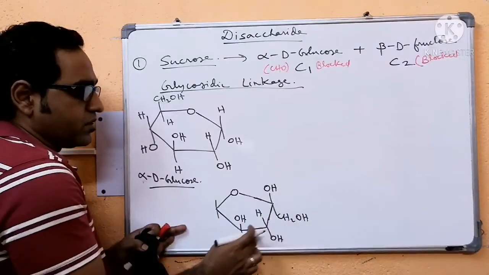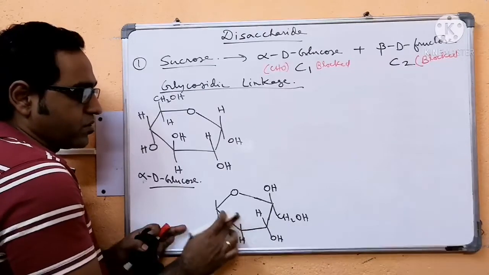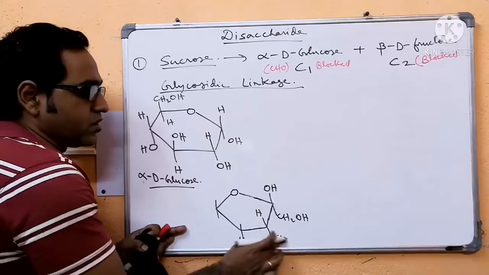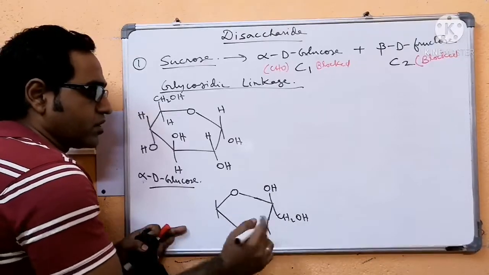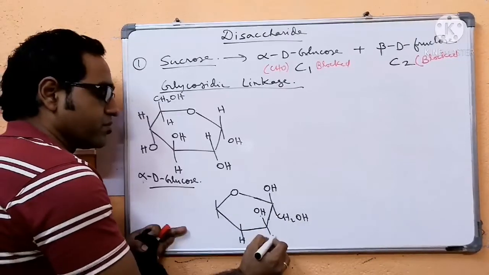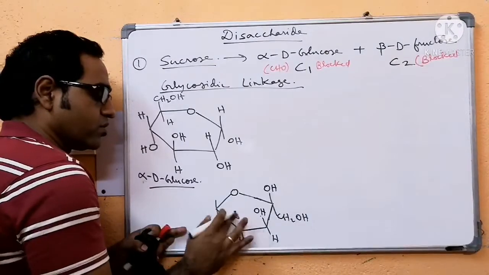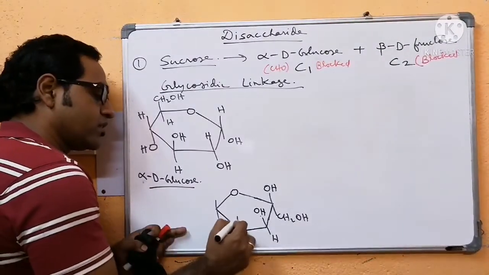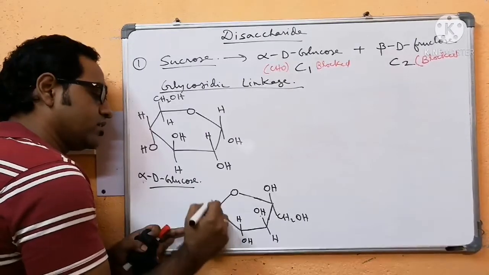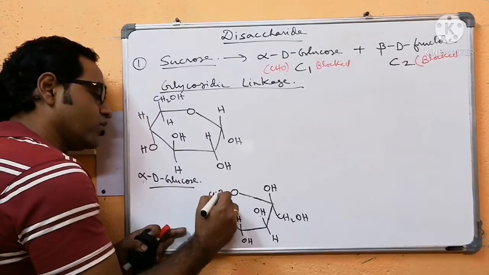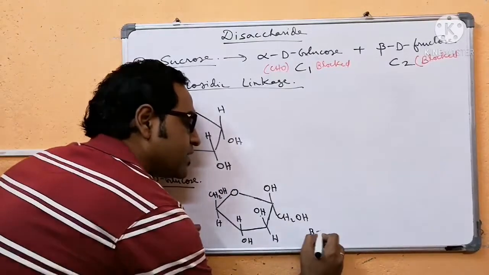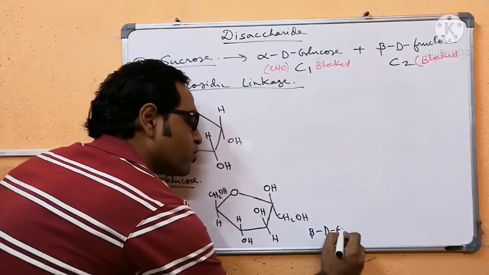Third carbon, it is OH above, below, OH, H, H, CH2OH. Okay, so this is beta D fructose.